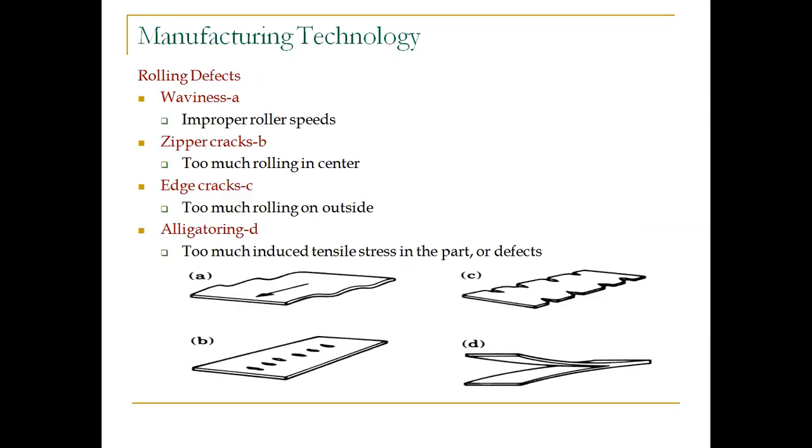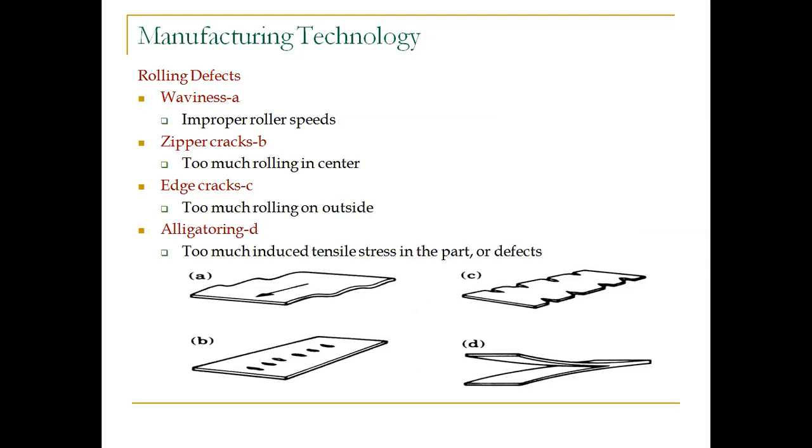Next one is rolling defects. So these are some rolling defects which are created when we apply the rolling process, that is waviness. So what is waviness? Waviness is due to improper rolling speed, creating a waveform.